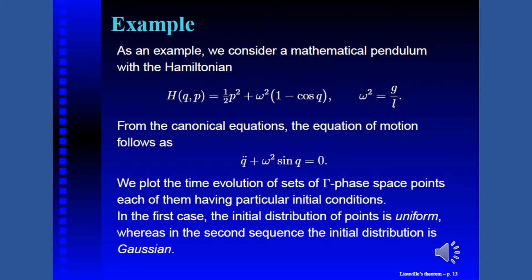From the canonical equations, the equation of motion follows: q double dot plus omega^2 sin q equals 0. We plot the time evolution of a set of phase space points, each of them having particular initial conditions. In the first case, the initial distribution of the points is uniform, whereas in the second sequence, the initial distribution is Gaussian.